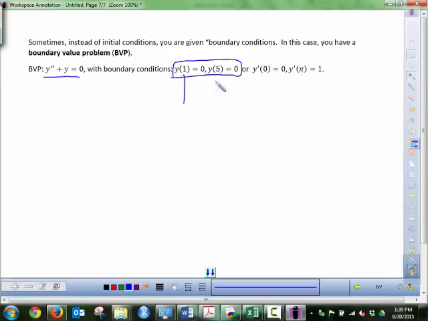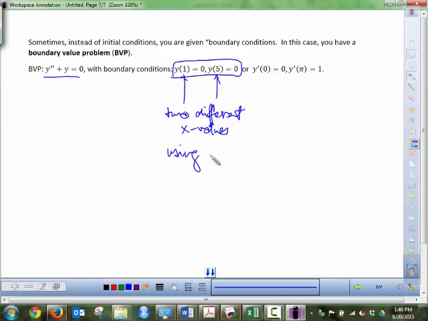A boundary condition has 2 different x values, or independent variable values, using one function. When I say one function, that means a function and not a function and a derivative.